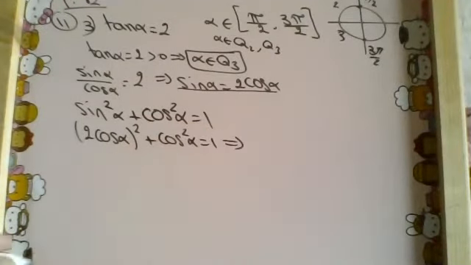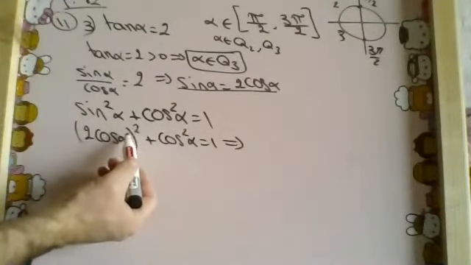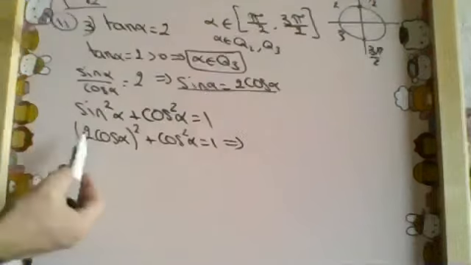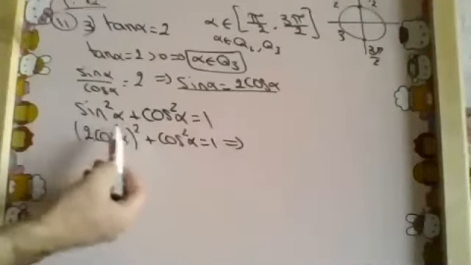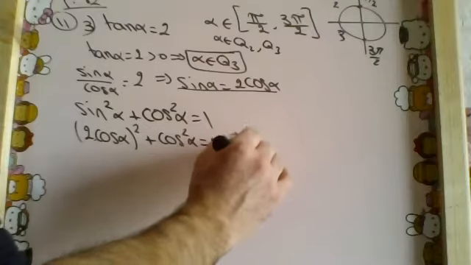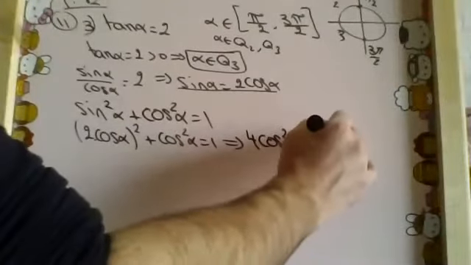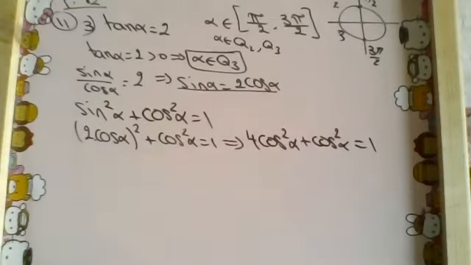Here we have multiplication: 2 cosine alpha squared is 2 squared times cosine squared alpha. So 4 cosine squared alpha plus cosine squared alpha is equal to 1.